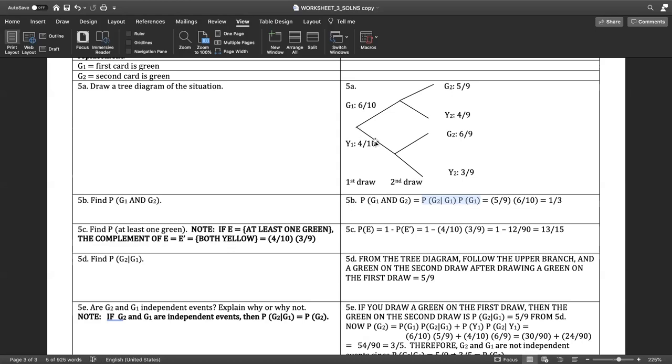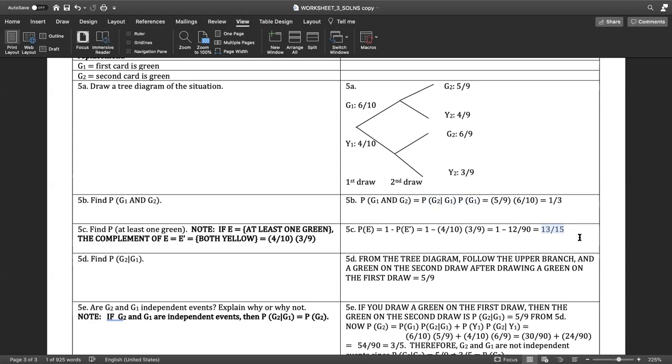That's this branch of the tree, 4/10 times 3/9. And then we'll subtract that product from 1 to get the probability that you get at least one green. 4/10 times 3/9 is 12 over 90. Subtract that from 1, and you get 13 over 15.